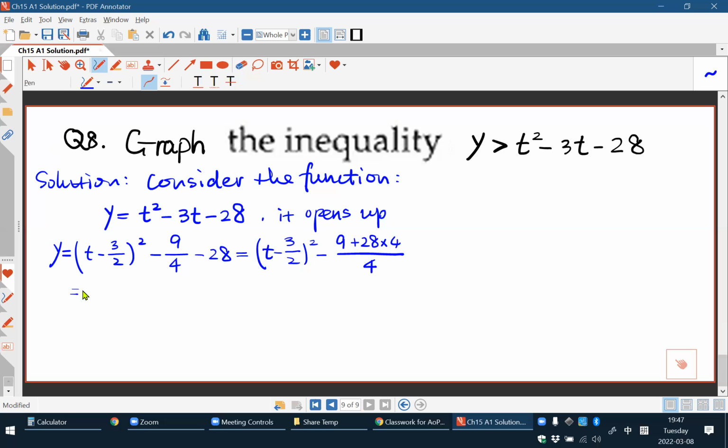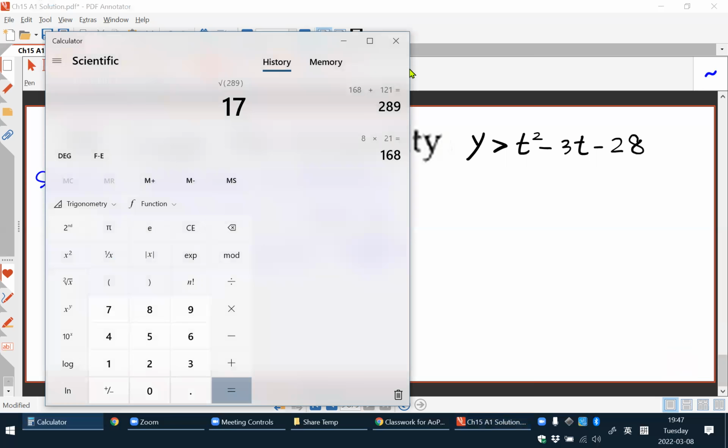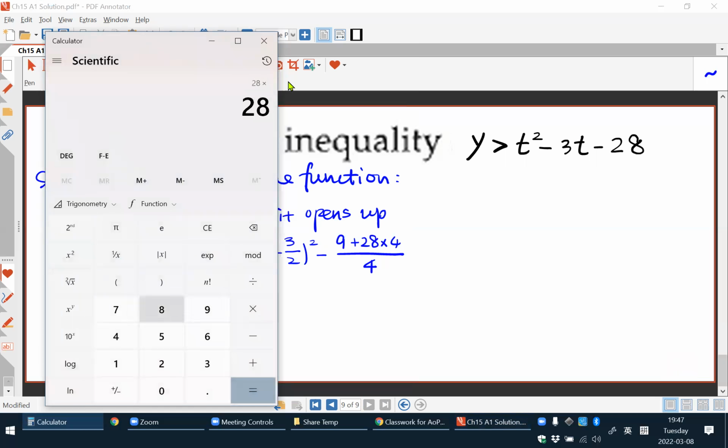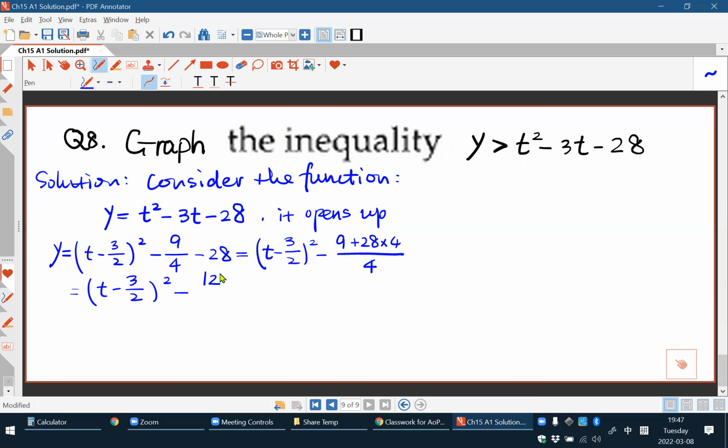Okay, so this is t minus 3/2 squared minus, okay, let's calculate the number here, 28 times 4, then plus 9, 121/4, right? Okay, so basically this is a vertex form, right?